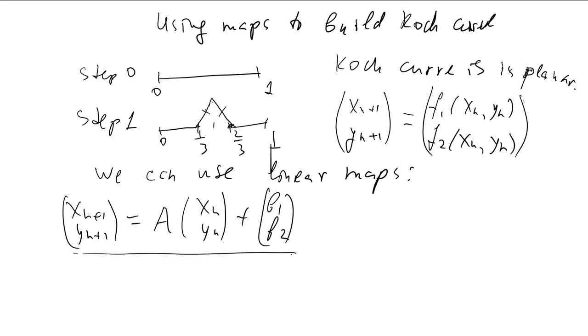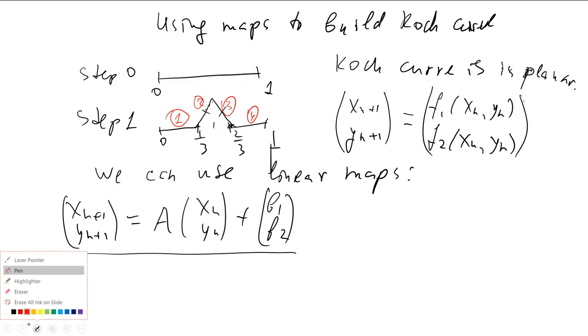This is a linear map, a two-dimensional linear map. Now, if we consider the first map, it is this one. Let's say this is the first segment, second segment, third, and fourth. Therefore, we will need to combine 4 maps.